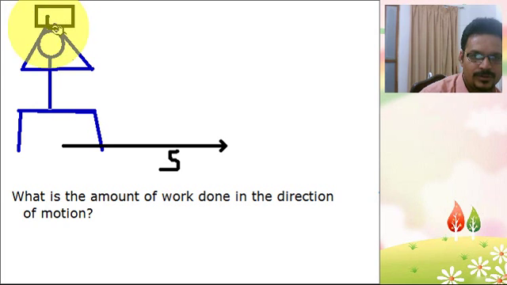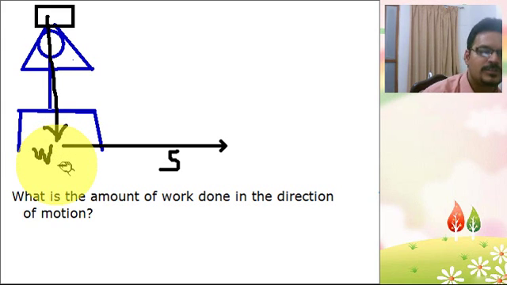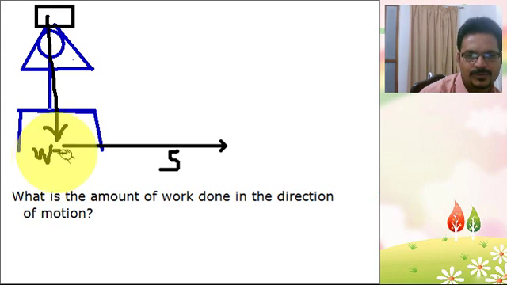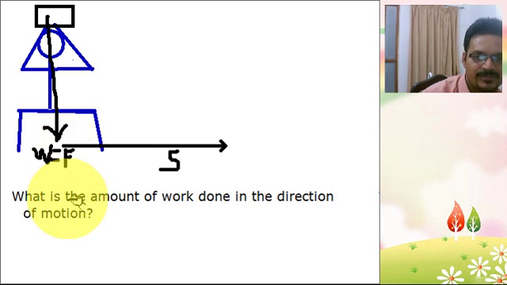Weight is also a force, so let me write this as force F. Don't confuse the symbol: work done and weight have the same symbol W, that's why I changed the weight to F. So the weight F acts downwards and the displacement is horizontal.